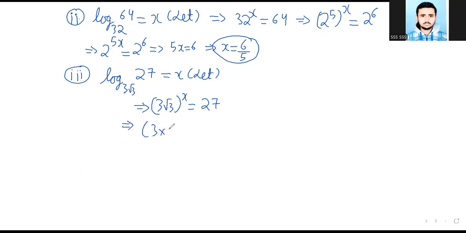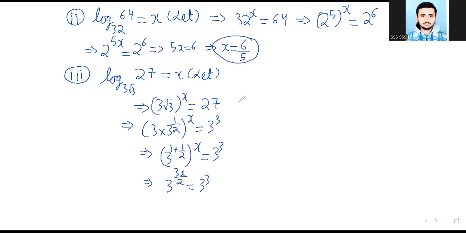So root 3 is 3 raised to the power half, whole power x, is equal to 27, which is equal to 3 raised to the power 3. So 3 raised to the power 1 plus 1 by 2 whole power x should be equal to 3 raised to the power 3. This implies 3 raised to the power 3x by 2 is equal to 3 raised to the power 3.